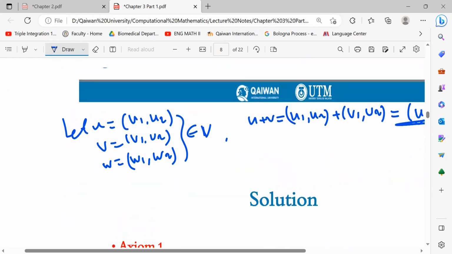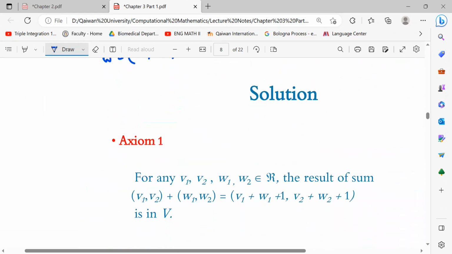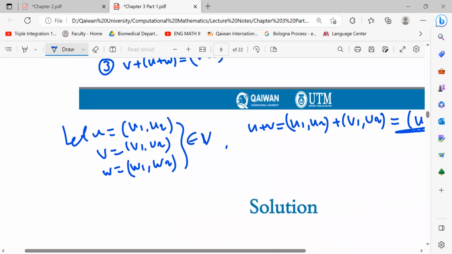Then, for the second axiom, we say U plus V must equal V plus U. U plus V is, I'm just going to write down the result, (U1 plus V1 plus 1, U2 plus V2 plus 1).